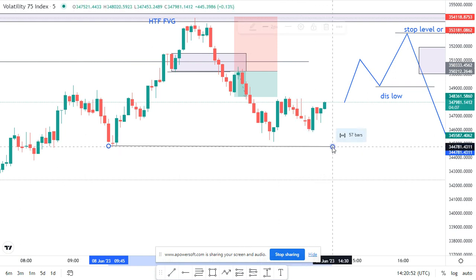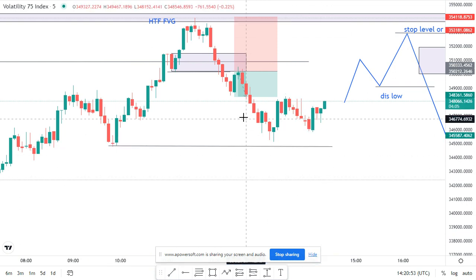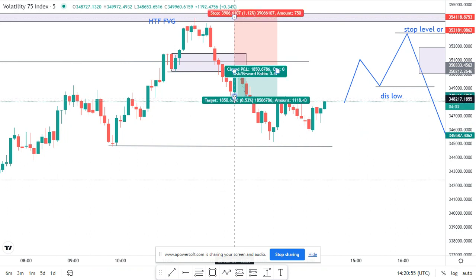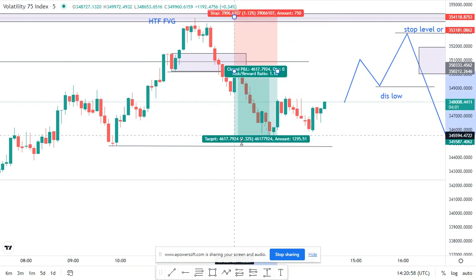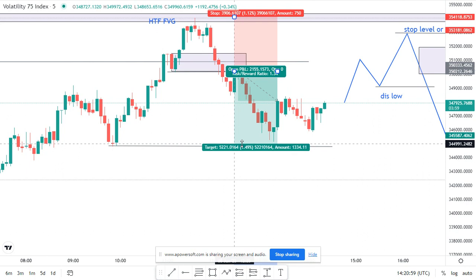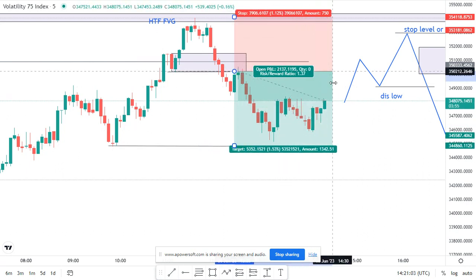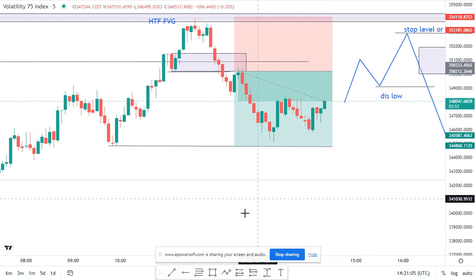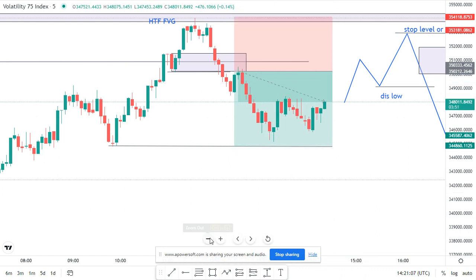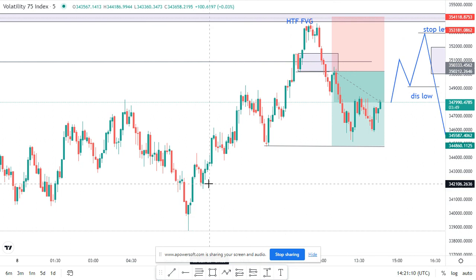Our first target. Right? Where is our second target? This low.